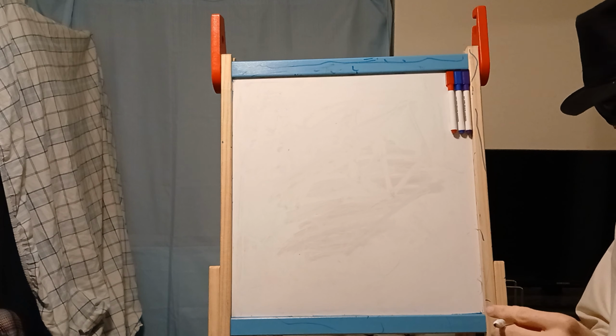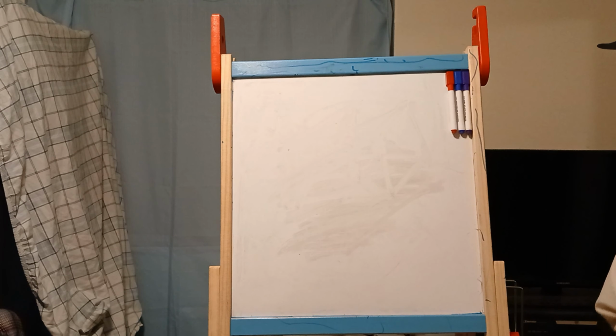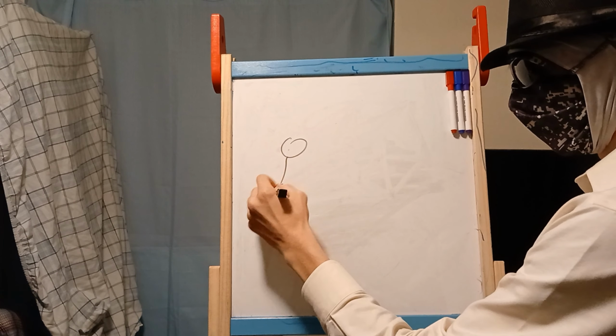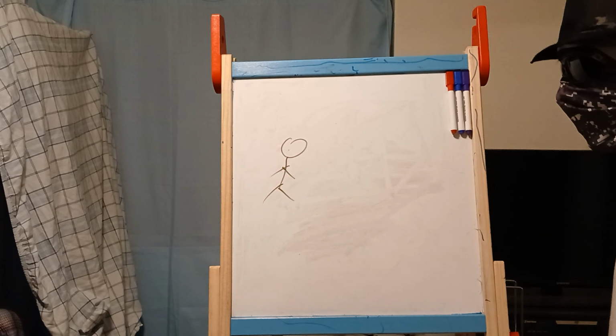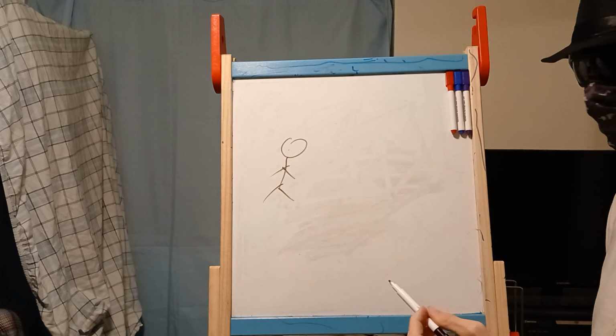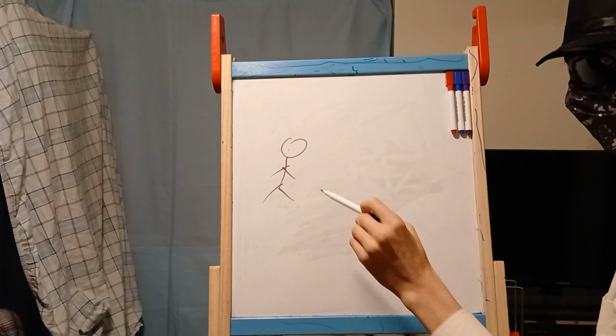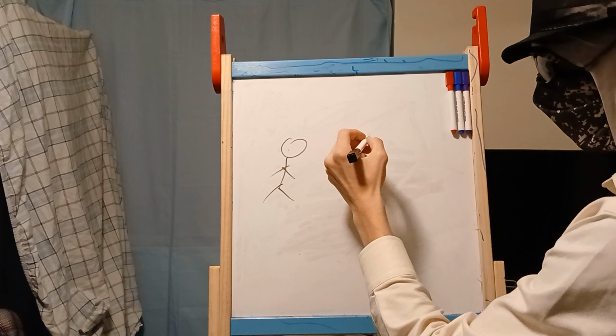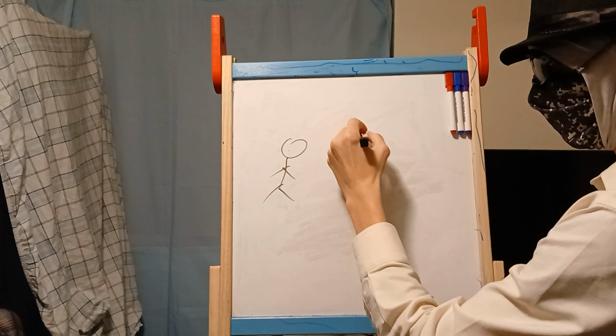Before, others have explained showing a cube to a 2-dimensional being. Imagine this board is a two-dimensional world. We have a little character here. And we draw a cube for him.